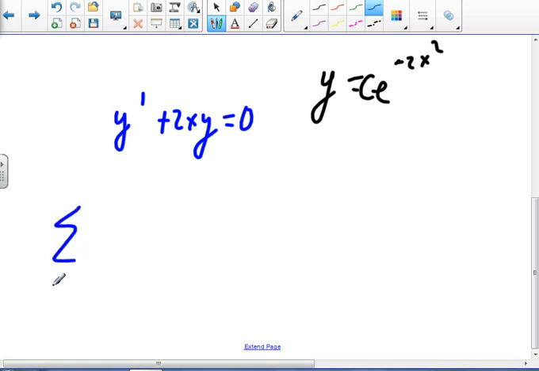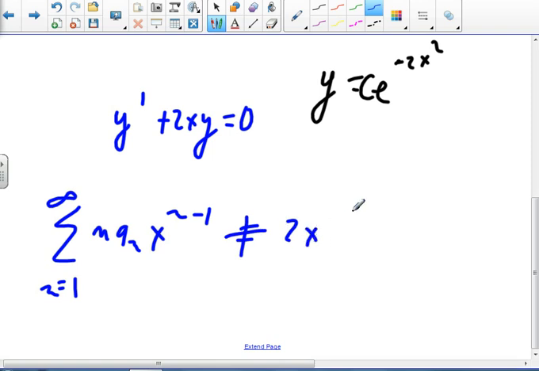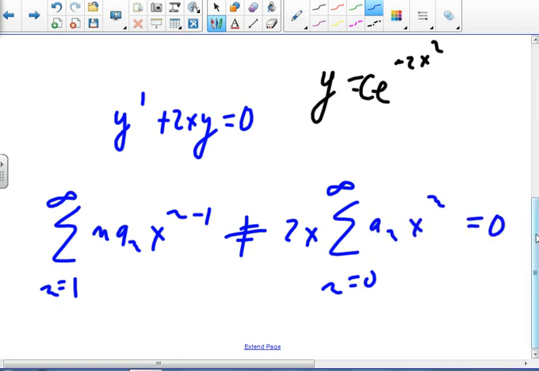I've got the summation n equals 1 to infinity of n a(n) x to the n minus 1 plus 2x times the summation n equals 0 to infinity of a(n) x to the n is equal to 0.